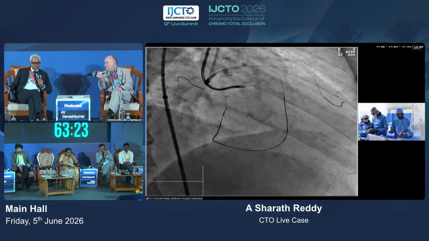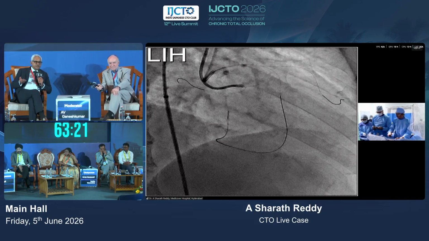Absolutely, because we are talking about an ambiguous retrograde cap now, so we need something to guide us. So antegrade, even if we are going subintimal, we are okay. At least we'll have a track where to go.